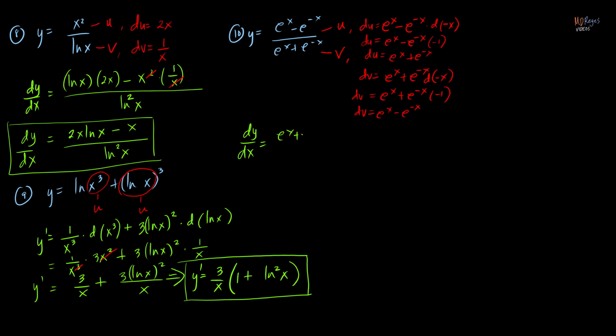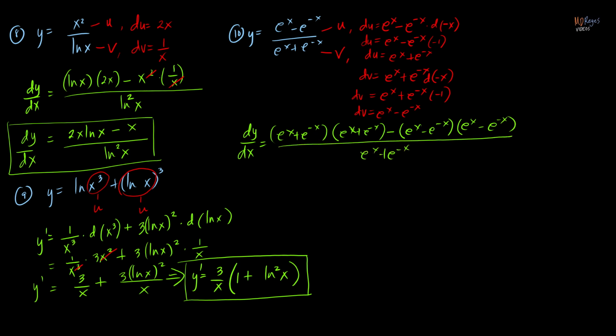It's e to the x plus e to the negative x. This is v times du. Du is e to the x plus e to the negative x minus u, e to the x minus e to the negative x times dv, e to the x minus e to the negative x, all over v squared, e to the x plus e to the negative x, quantity squared.